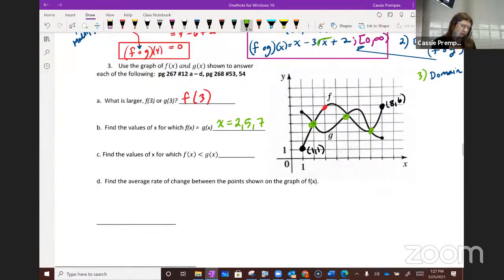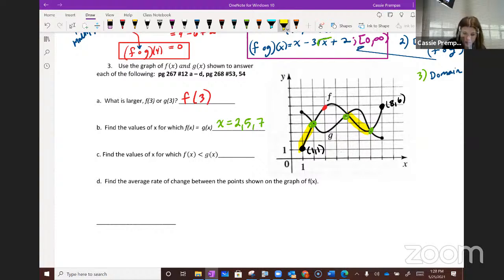How about the values of x for which function f is less than function g? So again, you're answering for x. I would have the answer in interval notation on the final, but we're looking for where function f is less than function g. Go ahead, turn to your partner, see if you can answer this one together.